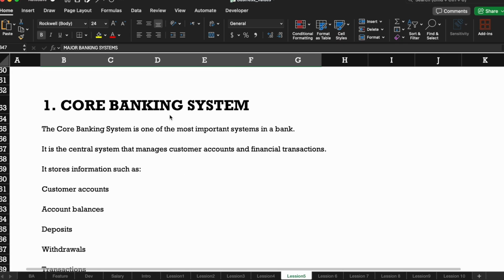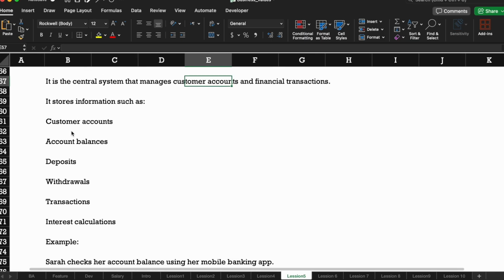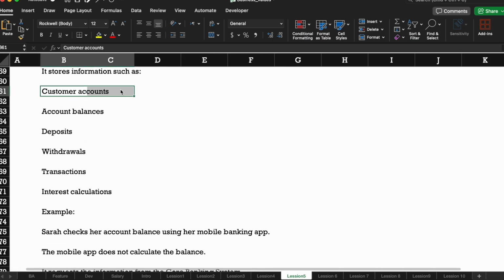Okay. Core banking system, that's the first one. The core banking system is one of the most important systems in a bank. It is the central system that manages customer accounts and financial transactions. It stores information such as customer accounts, account balances, deposits, withdrawals, transactions, and interest calculations.